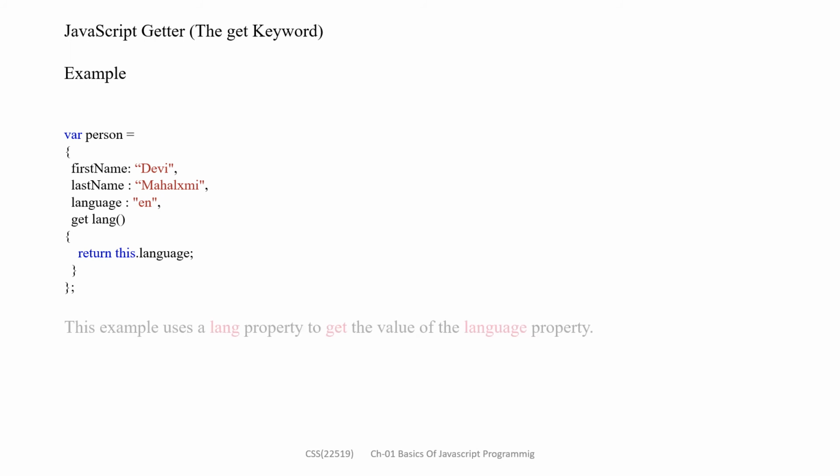We are using the get lang object accessor. Then return this dot language. This example uses a lang property to get the value of the language property. It will display EN, meaning the language. Which language do we get? That is EN.